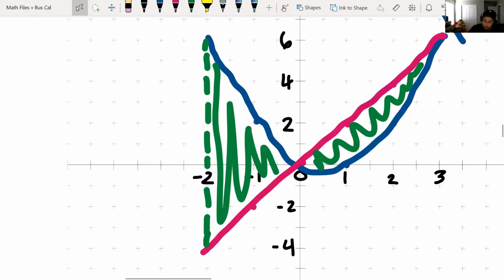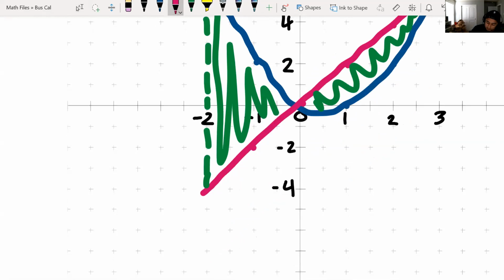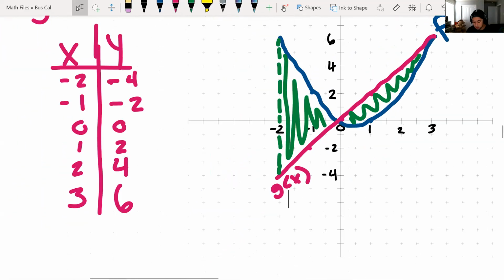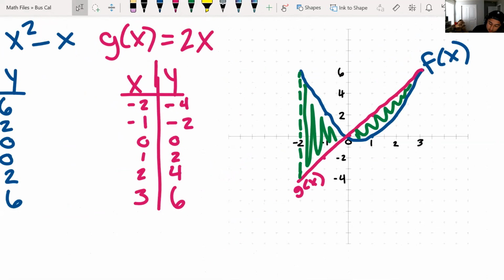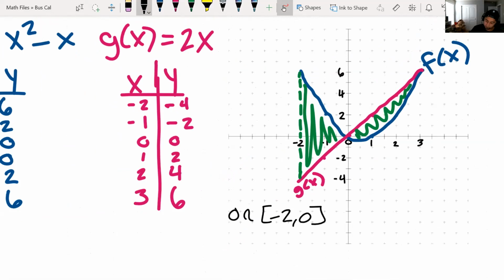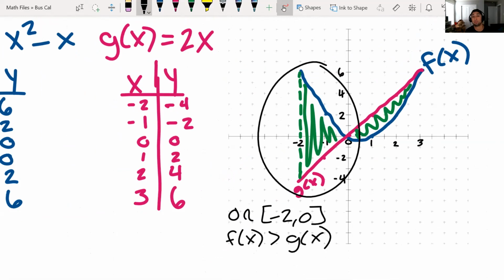So again, first, this is g of x. Okay, and what we notice is that on the interval -2 to 0, f of x is above g of x. F of x is greater than g of x. That's all of this right here, right?